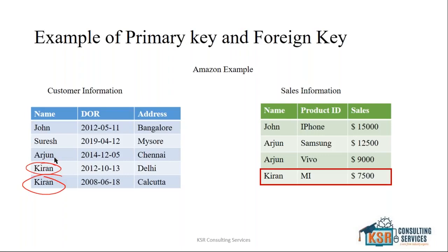If you add two Arjuns, like one more Arjun is there, for example, let us say I have one more Arjun. This Arjun is from Mumbai. Now you tell me which Arjun purchased Samsung, which Arjun purchased Vivo. Can you tell? Based on date.